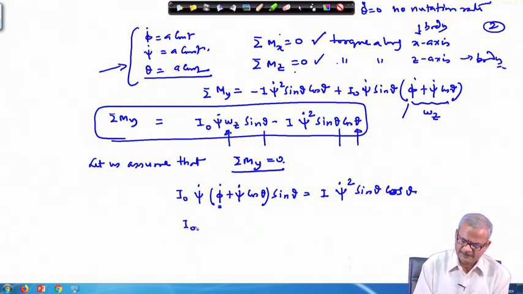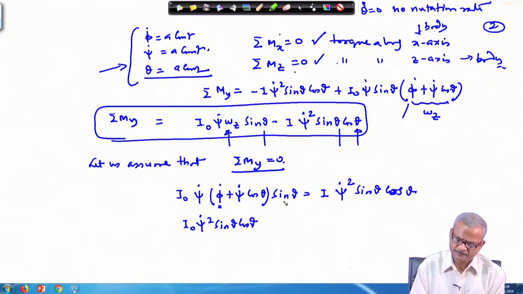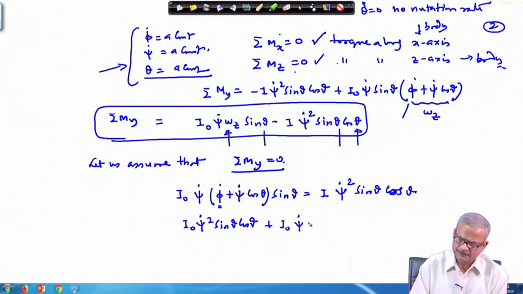So, this is I 0 psi dot square sin theta cos theta, plus I 0 psi dot phi dot sin theta, on the right hand side sin theta times cos theta.